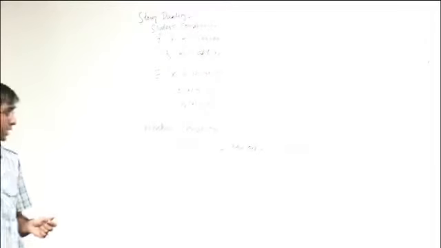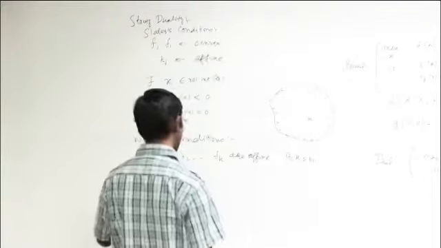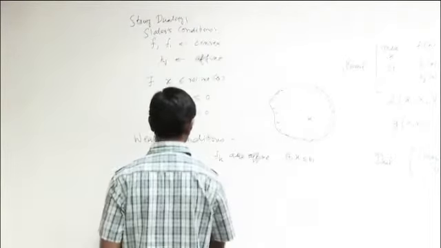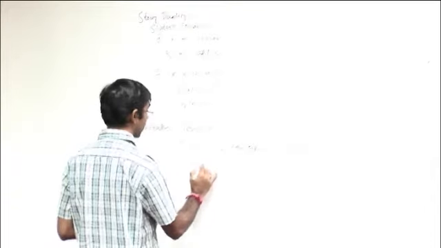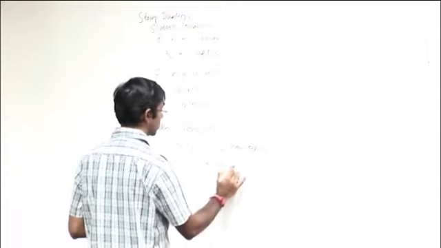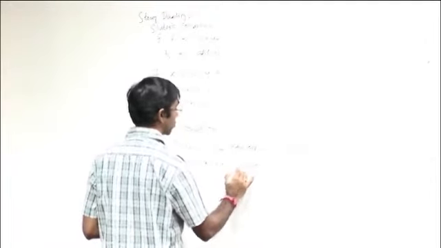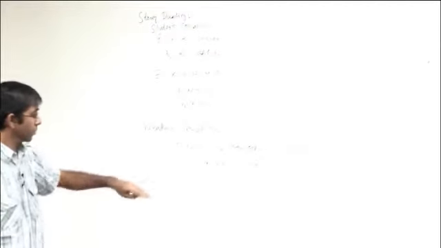If they are affine constraints, then they need not be satisfied with strict inequality. That is, f_i(x) can be less than or equal to 0 for i from 1 to k.